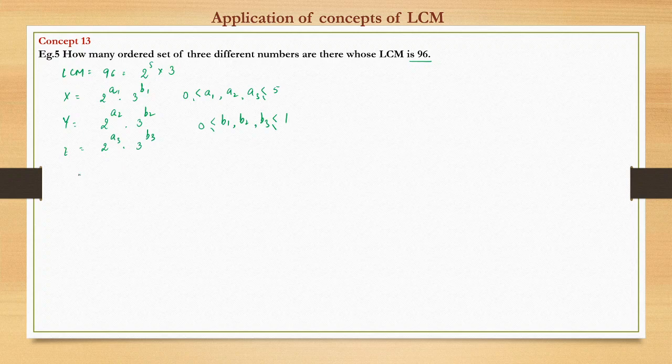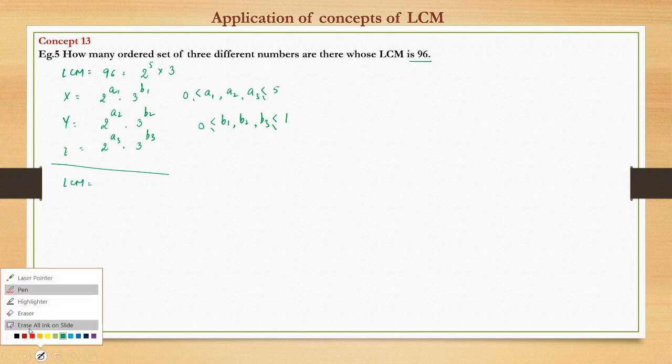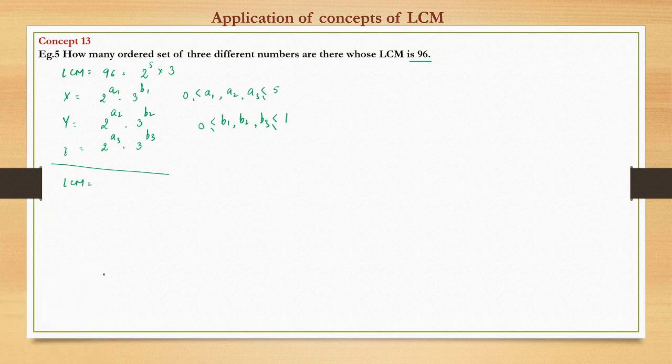So now see here, we have to find the LCM of this. So what would be the LCM? LCM would be nothing but 2 raised to power maximum of a1, a2, a3. This is how we calculate the LCM. Times 3 raised to power maximum of b1, b2 and b3, right?